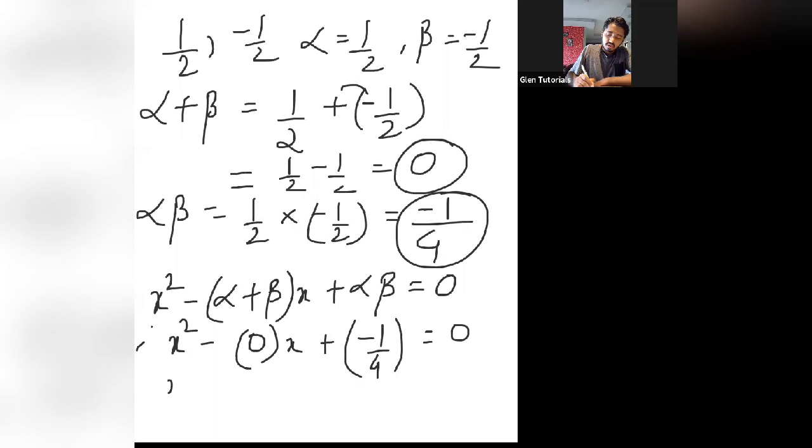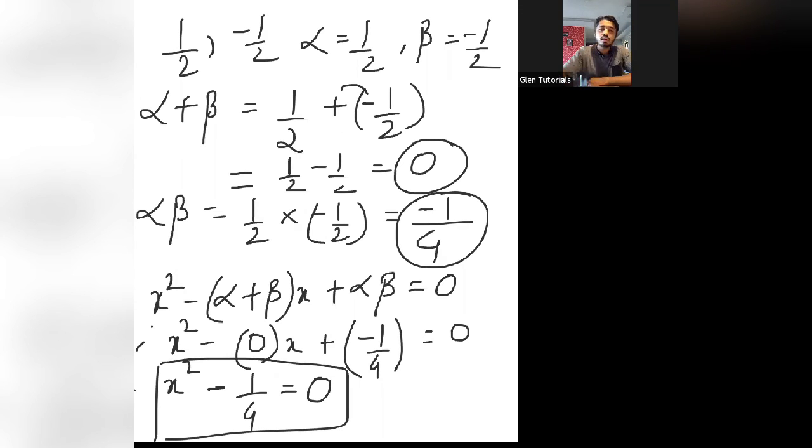So therefore, x square. Now this minus 0x is gone. What remains? Plus and minus becomes minus 1 upon 4 is equal to 0. You don't need to cross multiply. You can keep this only as your final answer. This is your equation.